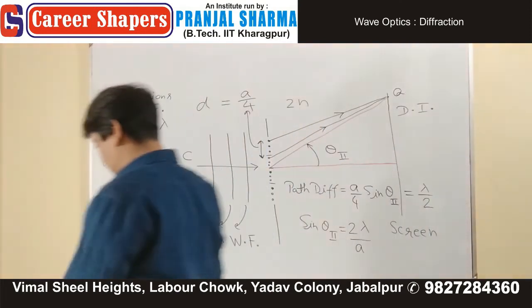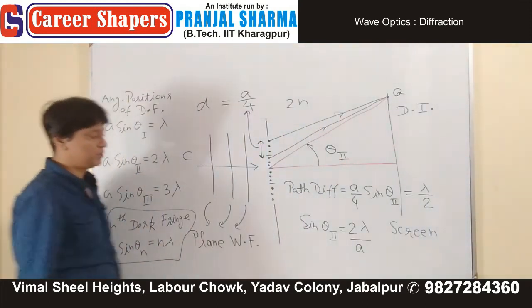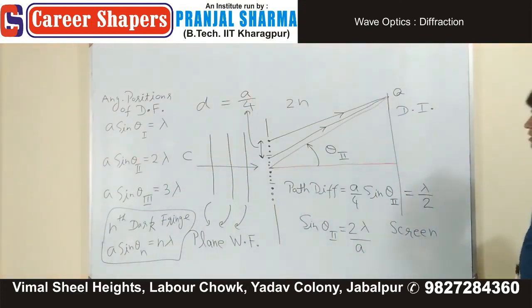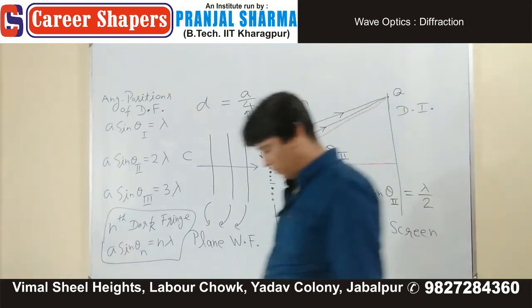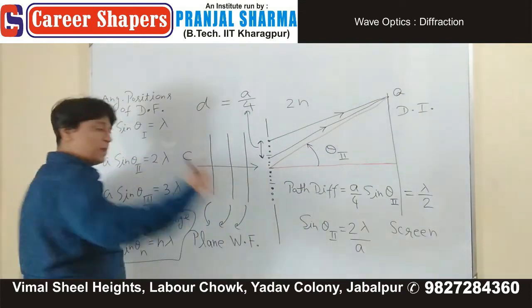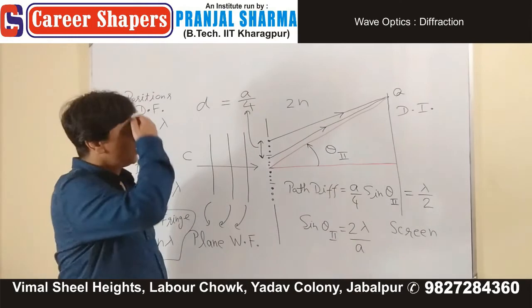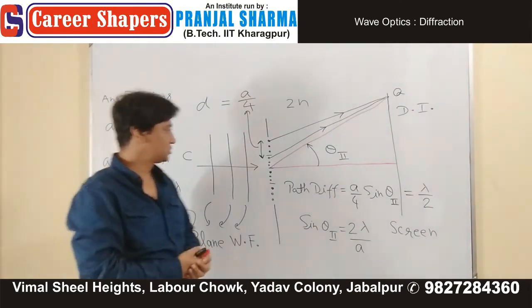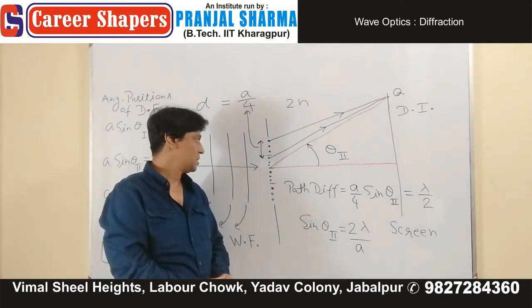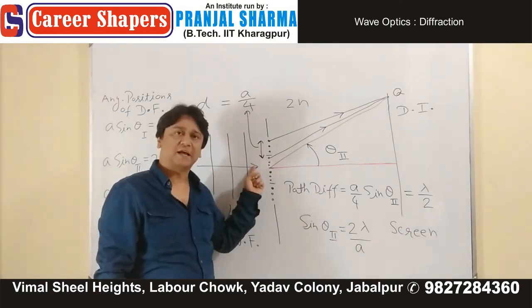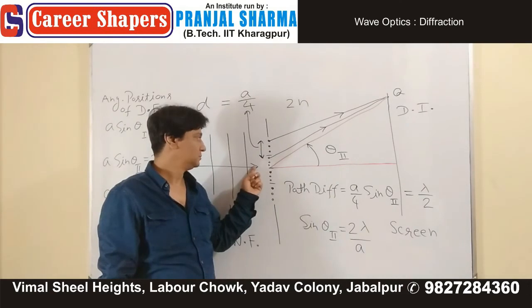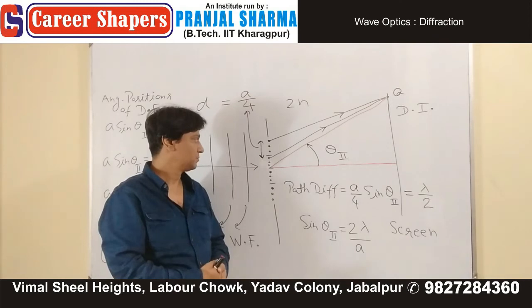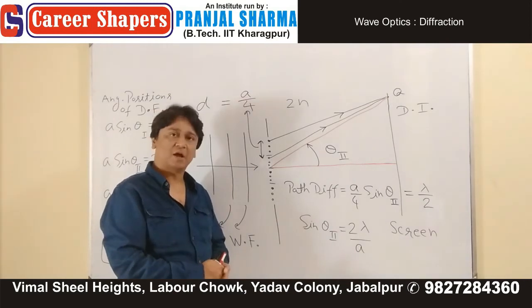The path difference between the secondary sources of the first and second partitions is lambda by 2.